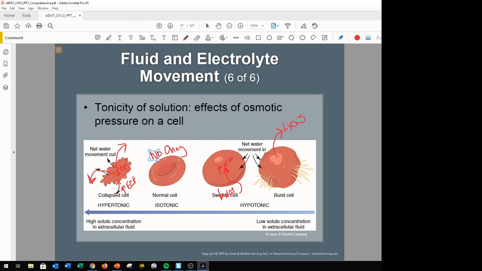And here, sodium's hanging out here. Increase in sodium here, and low sodium here inside the cell. Got it. All right, let's move to the next.